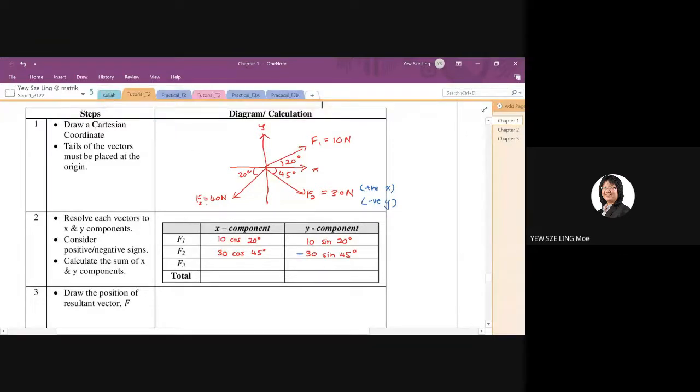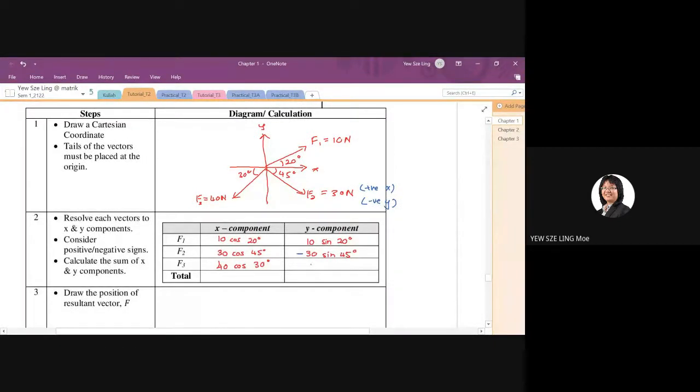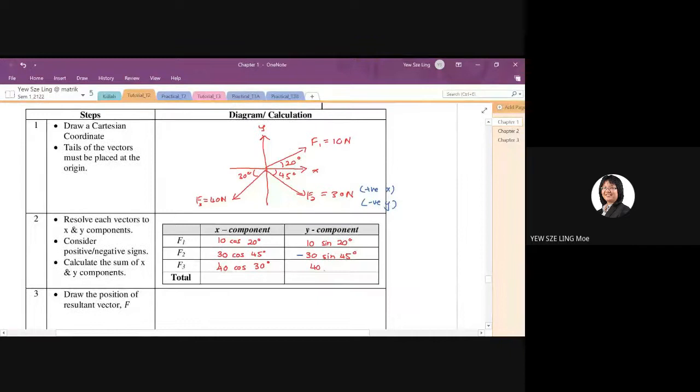And then for F3, which is located in the third quadrant, again my angle is beside the x component. Therefore, for F3, the x component would be 40 cos 30 degrees, and the y component would be 40 sine 30 degrees.